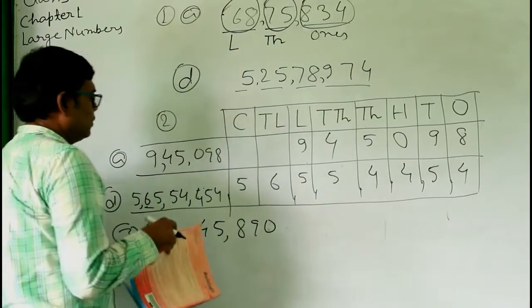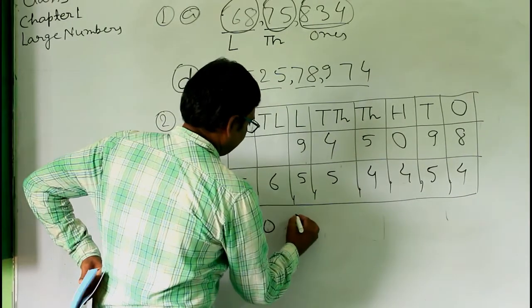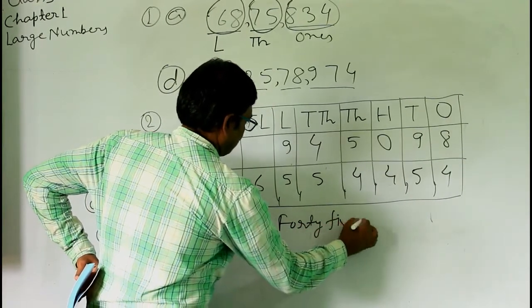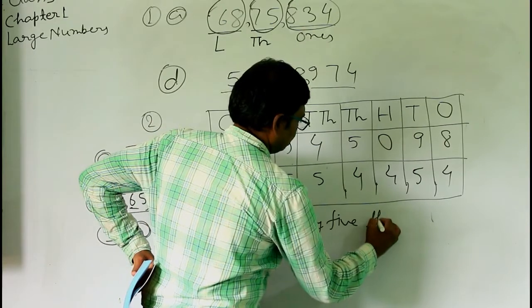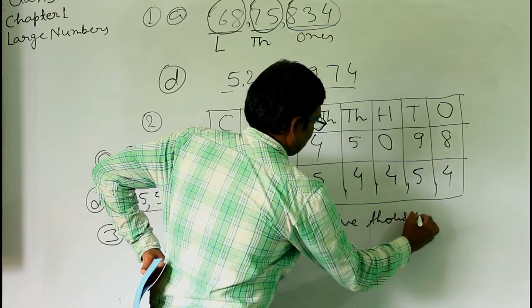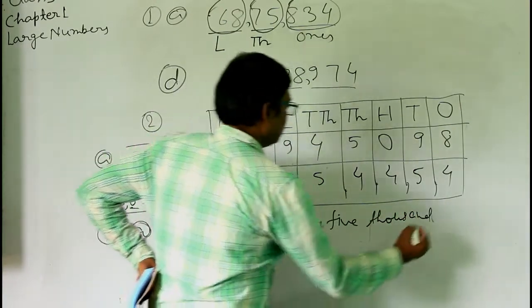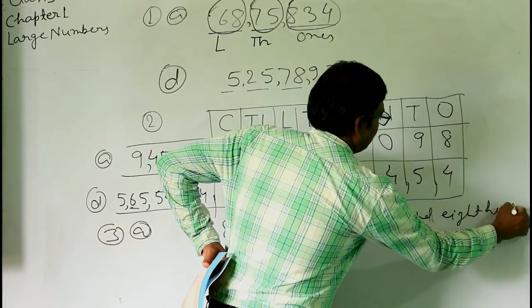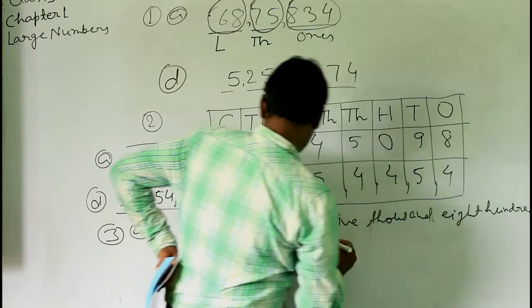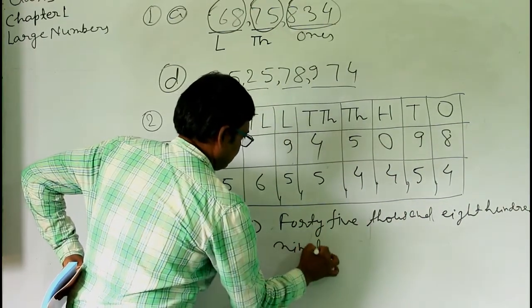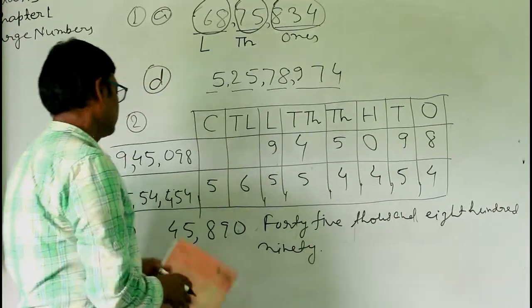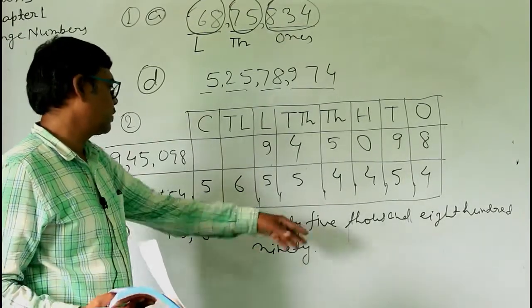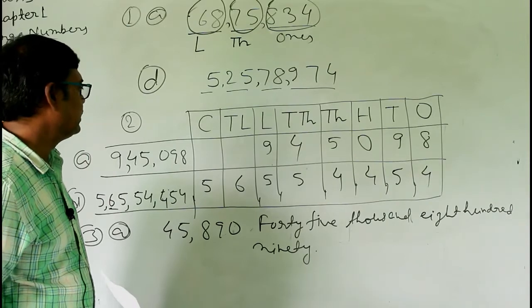So its answer will be, if you write in words, 45,890. Okay, so this is the name of this number in words.